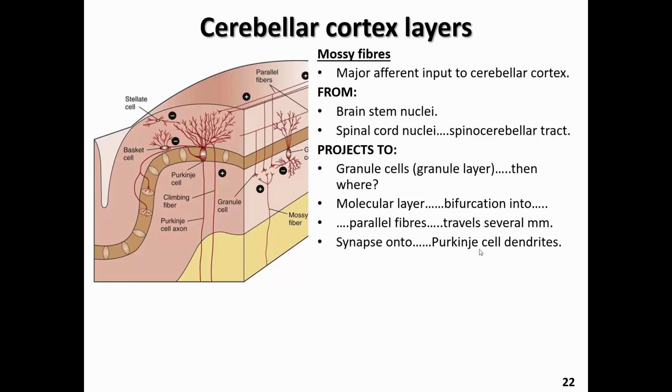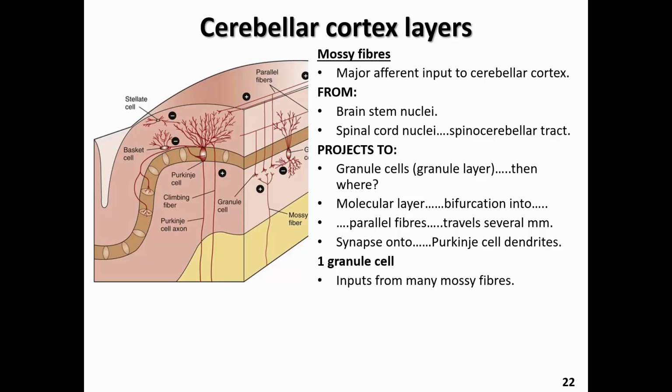So although the Purkinje cell body is located in that very thin middle layer, the dendrites project up into the outermost layer, the most surface layer, and that's where it receives inputs from these parallel fibers.